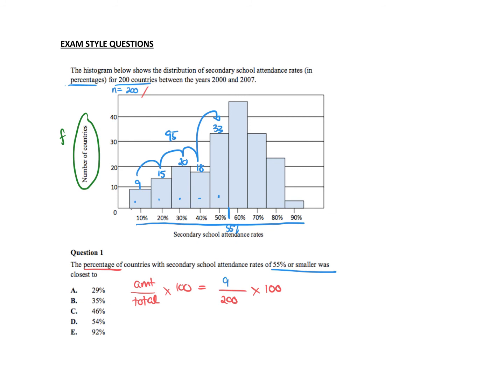So we're going to say 95 out of the 200, and then times it by 100, and we get 47.5. It's not exact because we were roughly reading them, but you can see the best answer is 46. It wasn't over 50, it's under that, so we'll just go with this answer, 46.